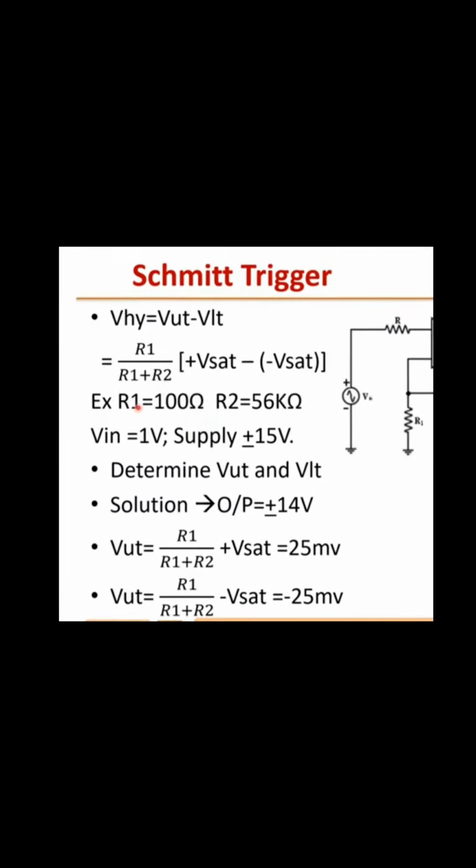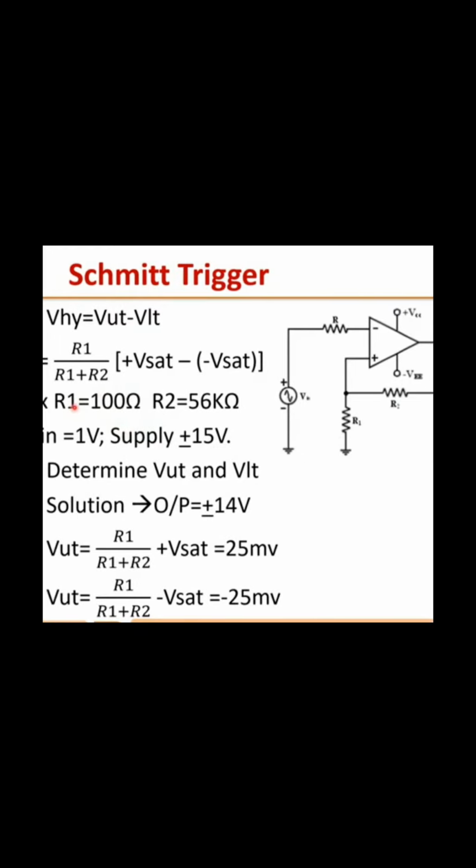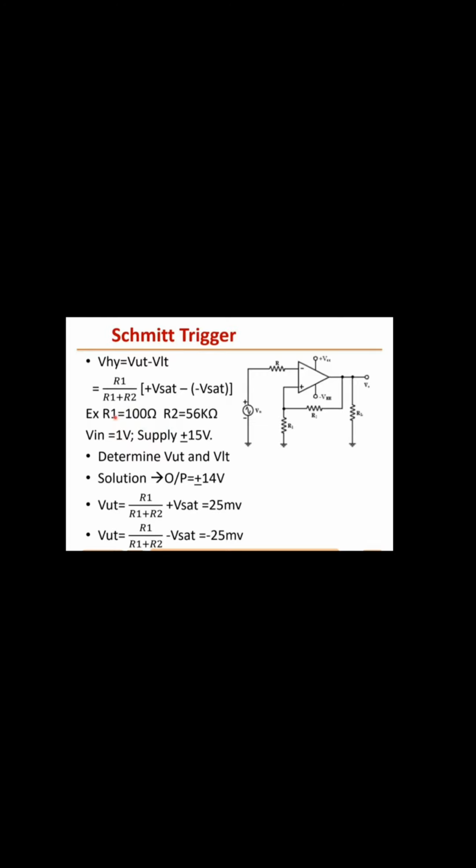Here is an example. In this example we are taking R1 equal to 100 ohm, R2 equal to 56 kilo ohm, Vin is 1 volt and the supply is plus or minus 15 volt. We have to find out VUT and VLT. As we know the formulas for VUT and VLT, apply those formulas.